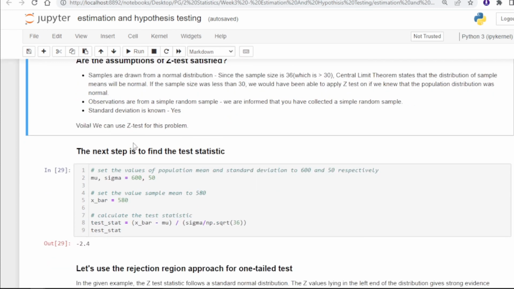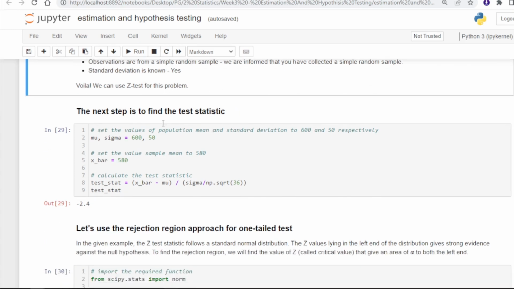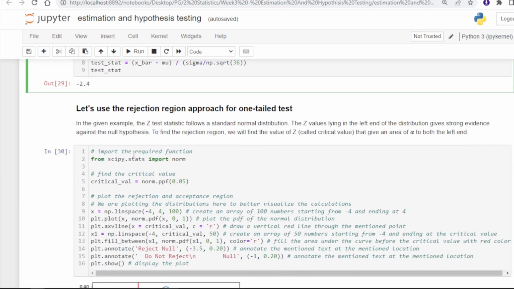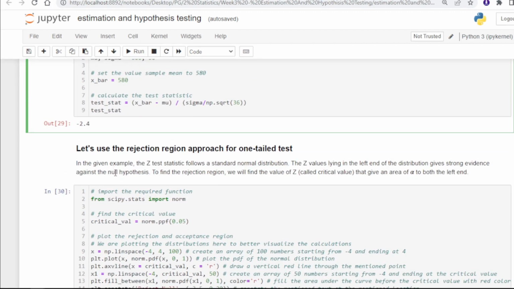Observations are from a random sample, and we are informed that you have collected a random sample. Again the standard deviation is known, so yes. The next step is to find the test statistic for it as well. Then we will get minus 2.4 again using the same formula.